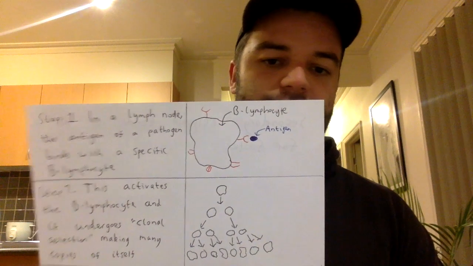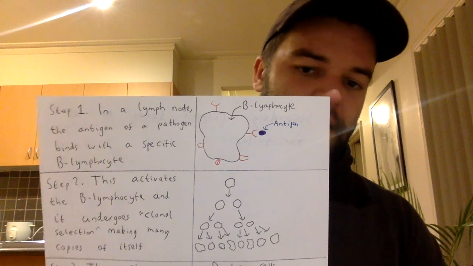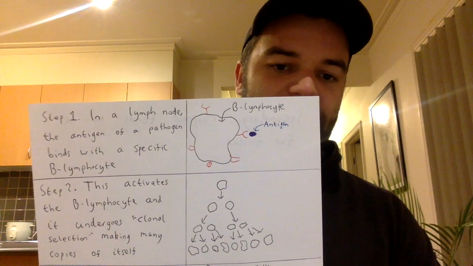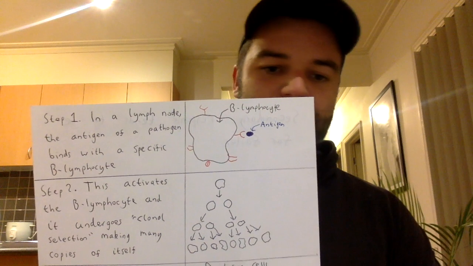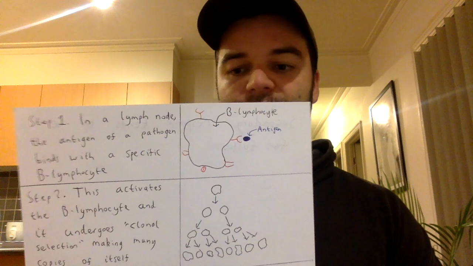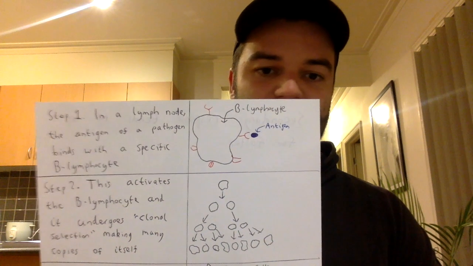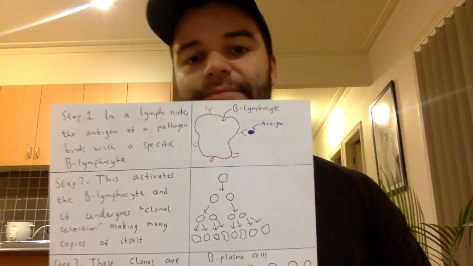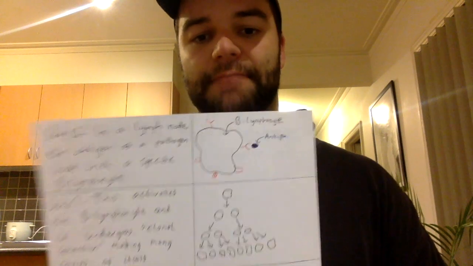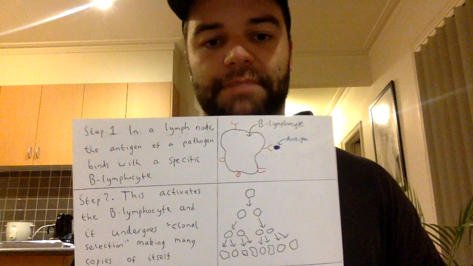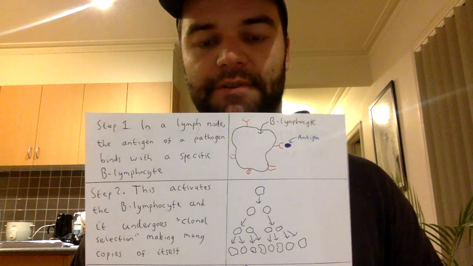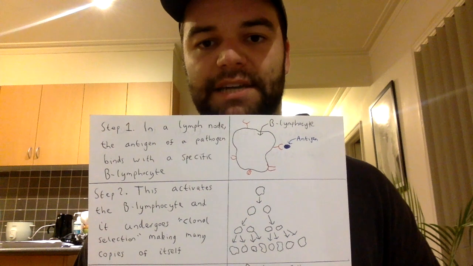So it undergoes a process called clonal selection when it's activated, which basically means it makes many, many copies of itself. So remember, it's only one B lymphocyte being activated, only one B lymphocyte that's specific to the pathogen, typically. But then when it's activated, it clones itself, making loads and loads of copies.